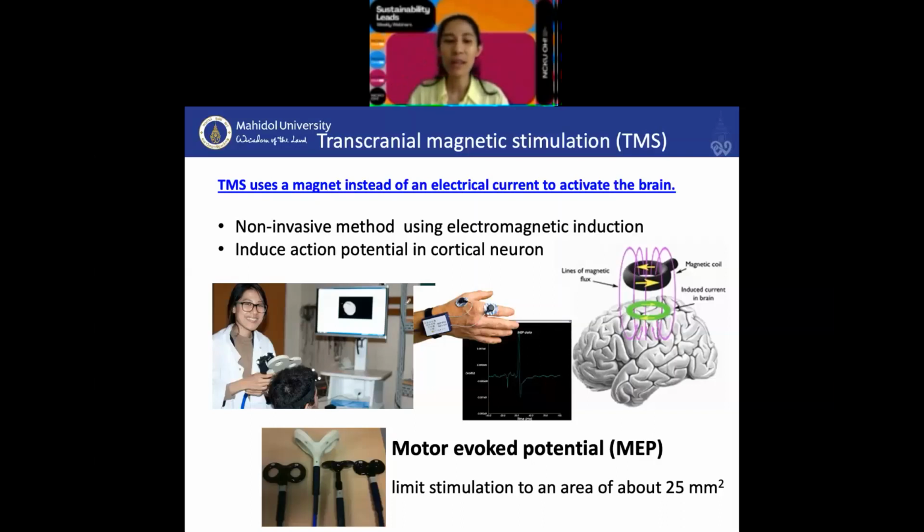But the difference is TMS directly induces action potentials in cortical neurons, which is not the case for tDCS. This is a big difference between tDCS and TMS. All right, and TMS can induce a limited area, very focal. It is very focal compared to tDCS.